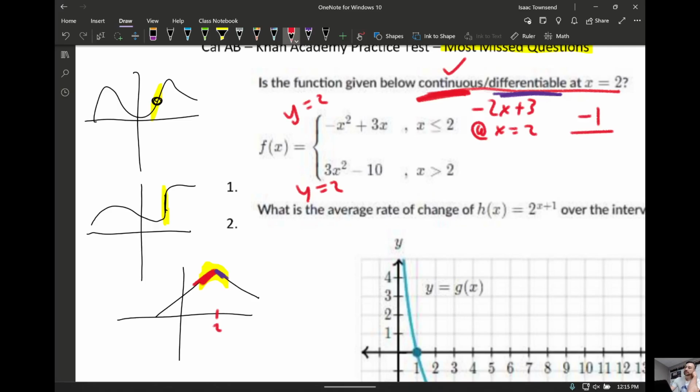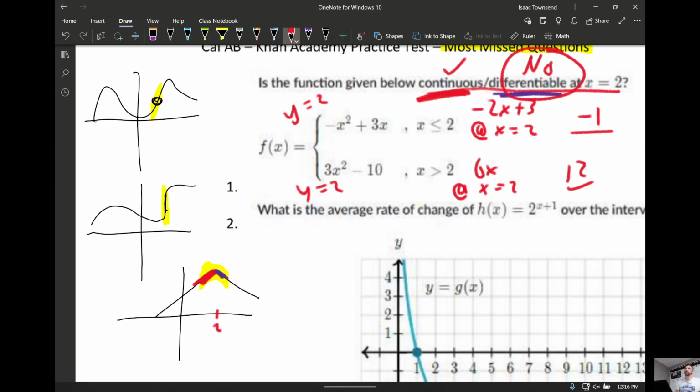So this guy has a slope of -1 at x equals 2. Derivative of this guy at x equals 2 has a slope of 12. So if your slope was -1 and then at an instant your slope is 12, do you see how that would be a cusp? It's going to be a sharp point. So is it differentiable? No.